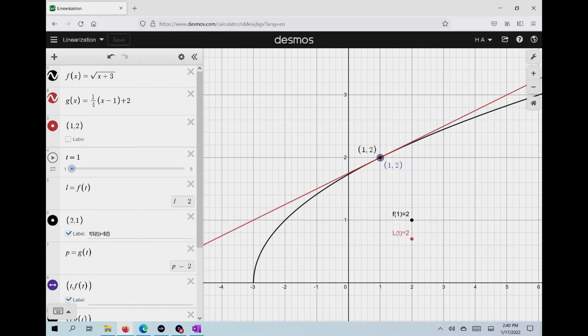So here on Desmos, I have my function f of x, square root of x plus 3, graphed out in black. And our tangent line, 1/4 x minus 1 plus 2, in red.